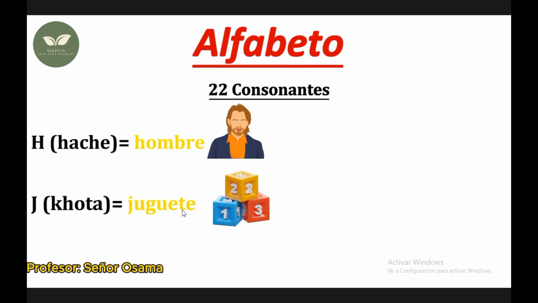So the next one is K. Actually, we don't find many words in Spanish with this letter, because most of the words have C or Q. We can find this letter in the word kilo, like for example kilogram.